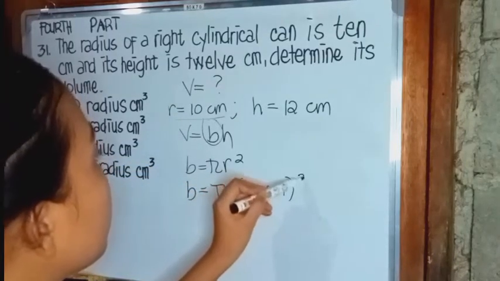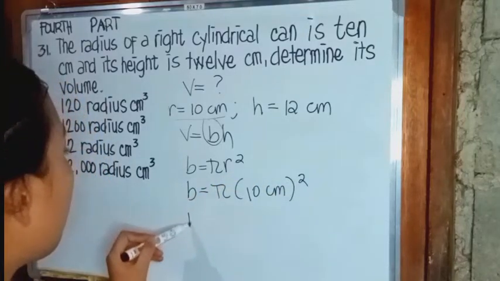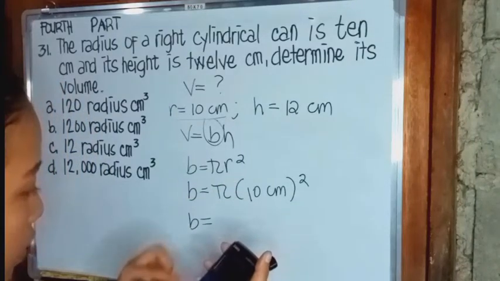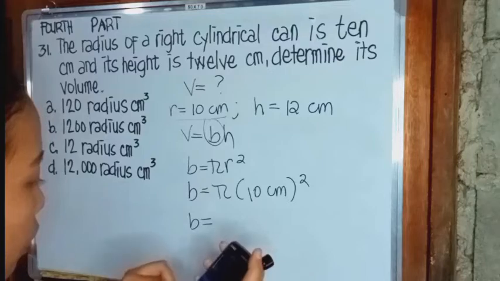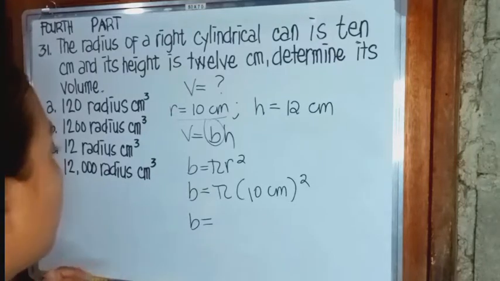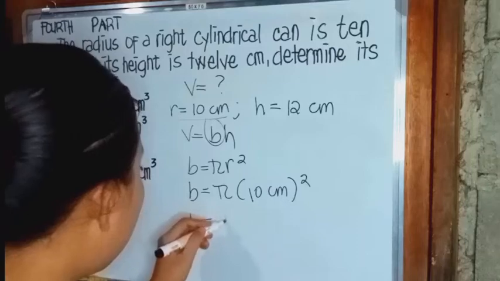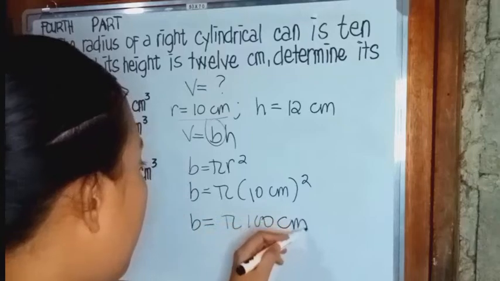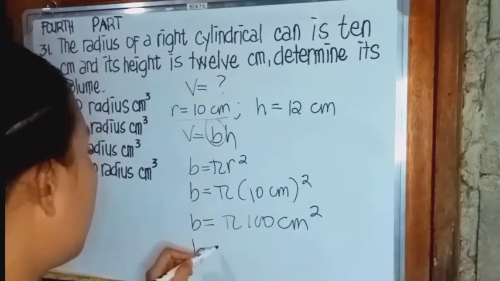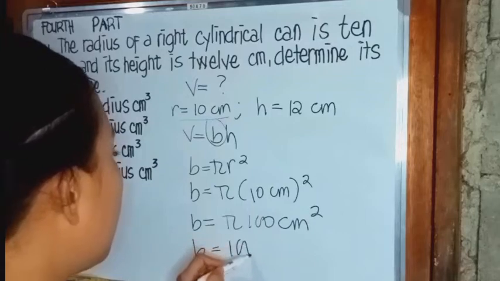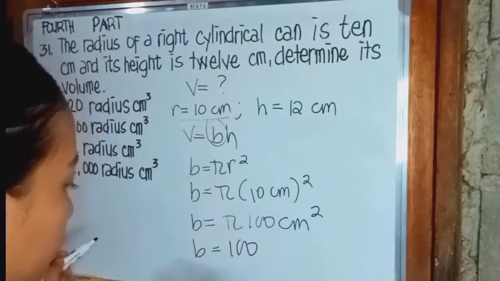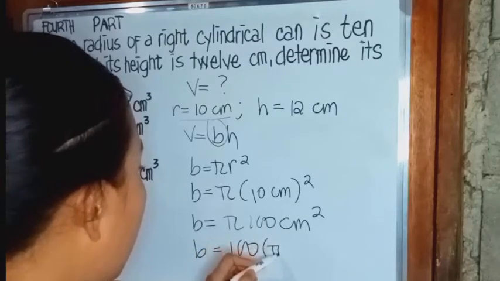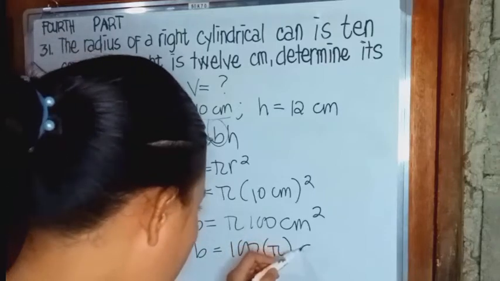centimeter raised to 2. So the base is equal to pi times 10 squared, which is equal to pi times 100 square centimeter, or 100 pi square centimeter.